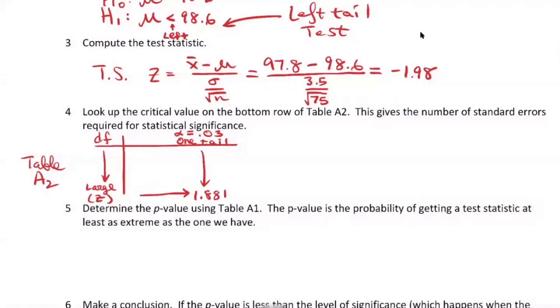Now remember, this is a left tail test, so what that means is standard errors below the assumed mean, which makes this a negative z-score, negative 1.881, because it's just a left tail test. You just have to make this negative.